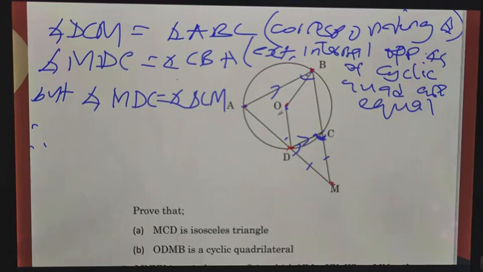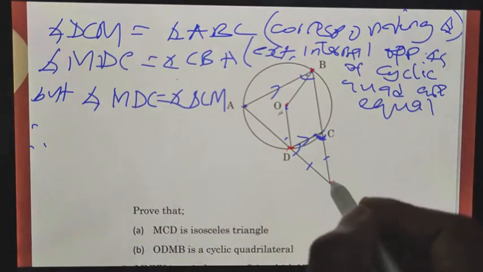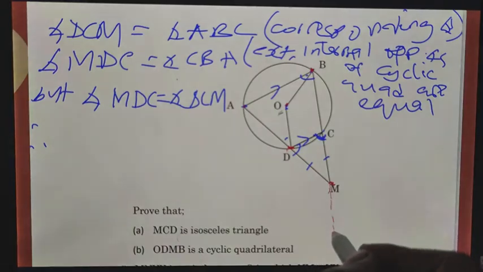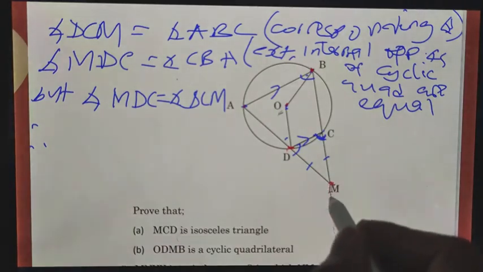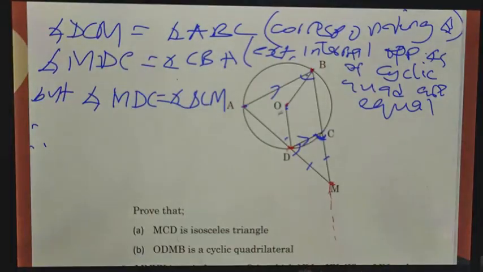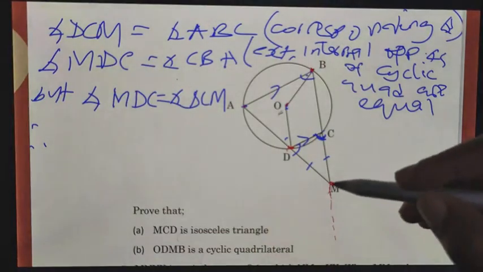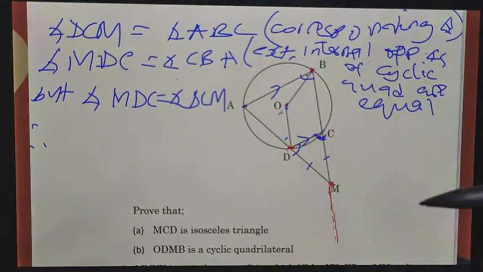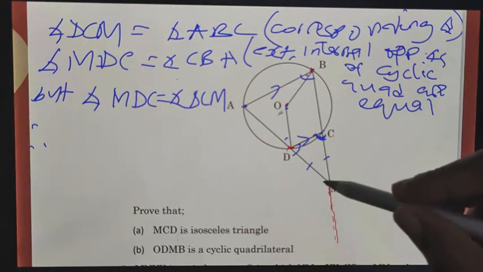If you look at this one, we will see that if you try to extend this line, sorry, if you extend this line, you will find out that you have this angle.